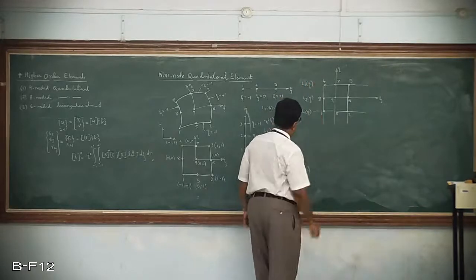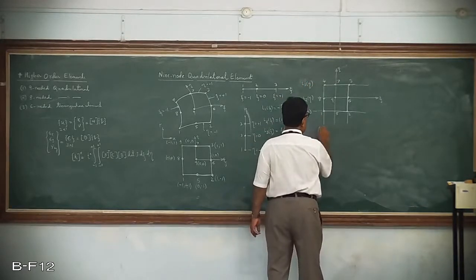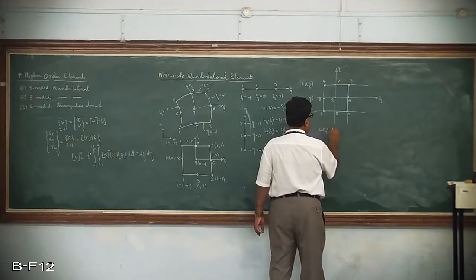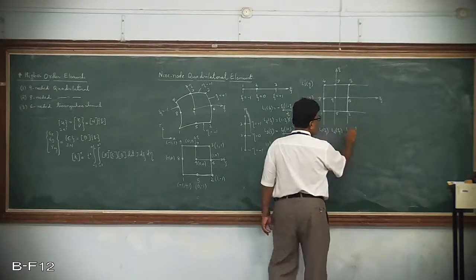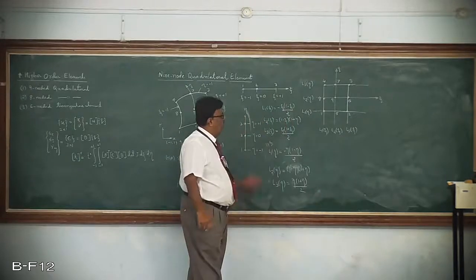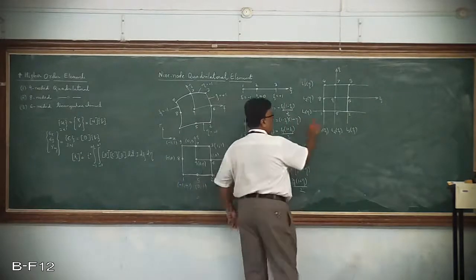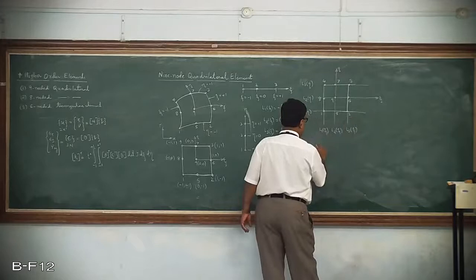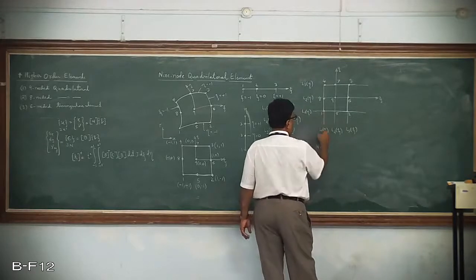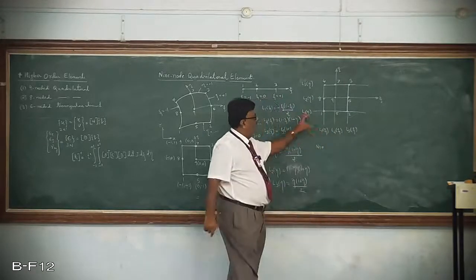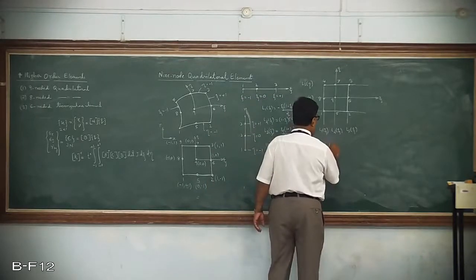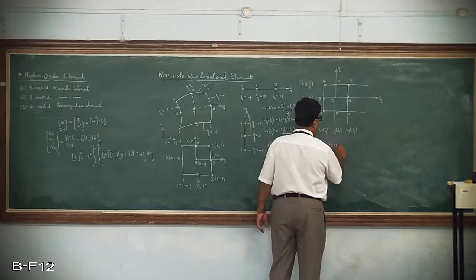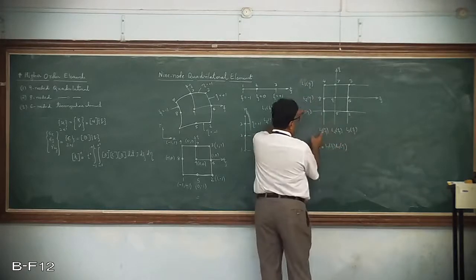When you come to this direction, this is L1 of zeta, L2 of zeta, L3 of zeta. So naturally we have totally 9 shape functions. If I take this, for example, and call it N1, it is the product of these two, L1 of zeta into L1 of eta.